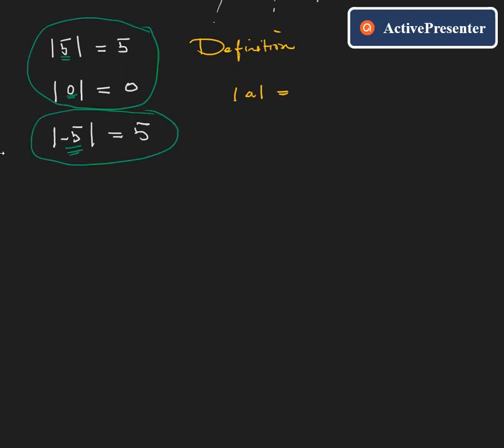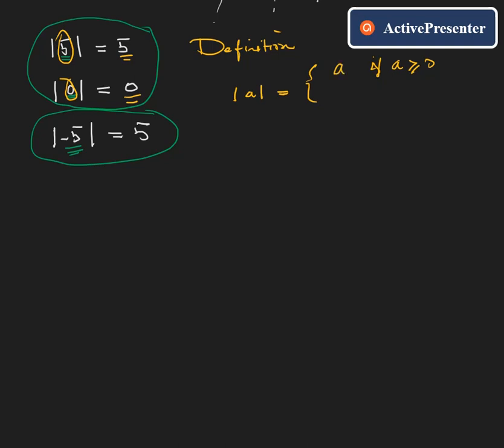The absolute value of A can have two portions. First, if A is greater than or equal to 0, that means if A is positive or 0, then we have the same number, right?